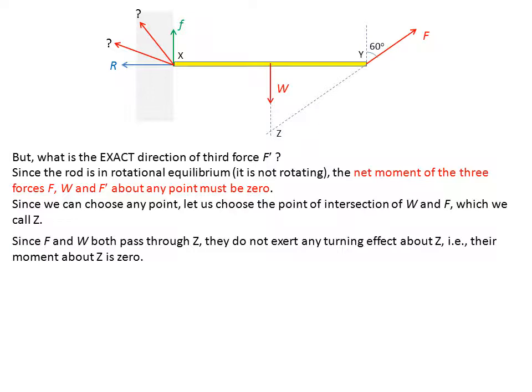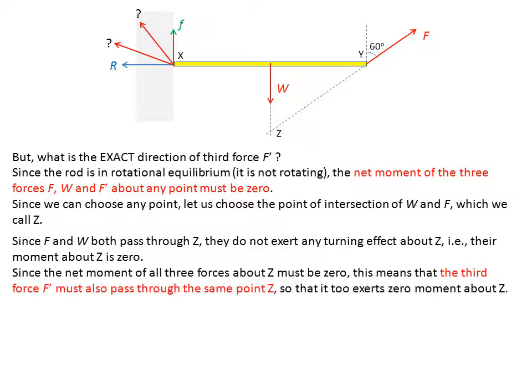And since the total moment is 0, the third force must also pass through Z. Okay, so this third force here must pass through Z. So that's the technique of finding the direction of forces in the case where there are only three forces acting on the body, right? So the third force must pass through Z, right? So this must be the direction. And therefore we have managed to figure out the direction of the third force F prime.